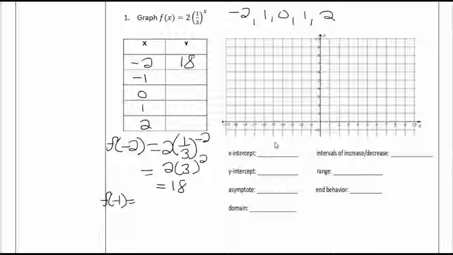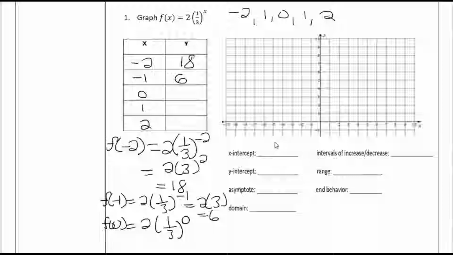When we plug it in, we get 2 times 1/3 to the -1 power. Flip it and it becomes 2 times 3, which is 6. Now we're going to plug in 0. So 1/3 to the 0 power. Anything to the 0 power is 1. 1 times 2 is 2.